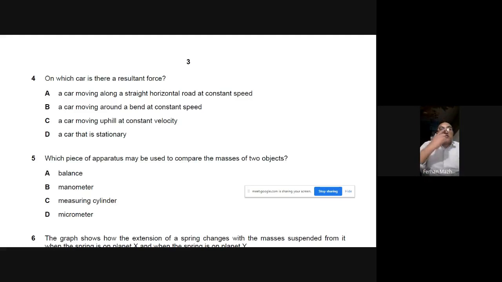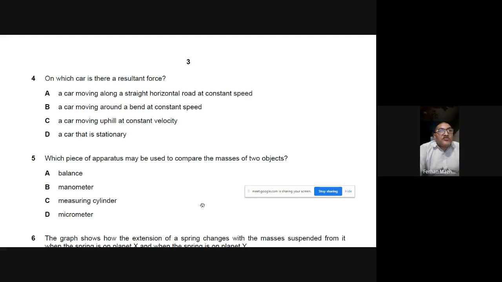And when there is acceleration, there is a resultant force. When a body moves in a circle, there is always a resultant force towards the center, and its direction is toward the center of the circle. We call it the centripetal force. So a car moving around a bend at constant speed will have a resultant force. B is the option for question number four.